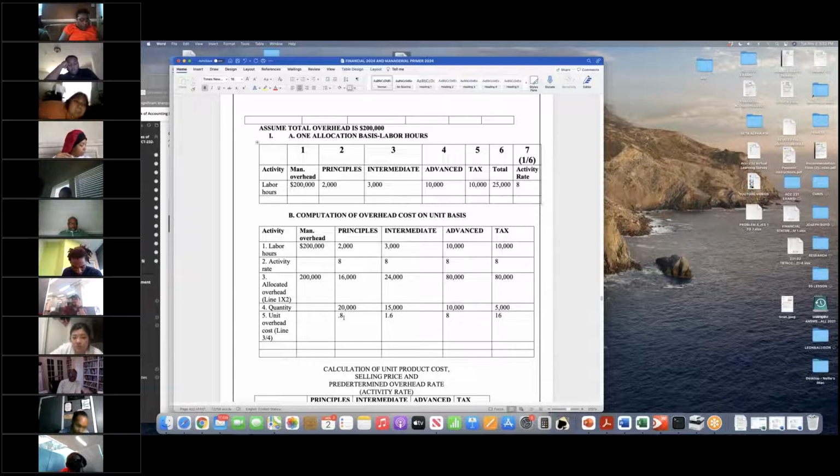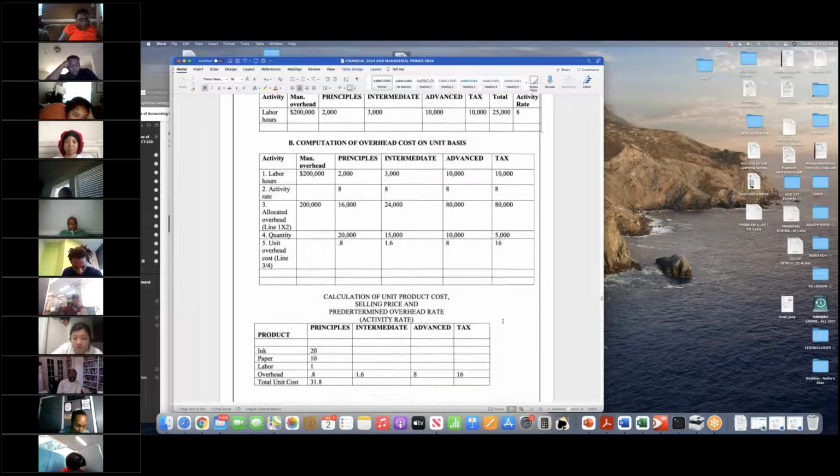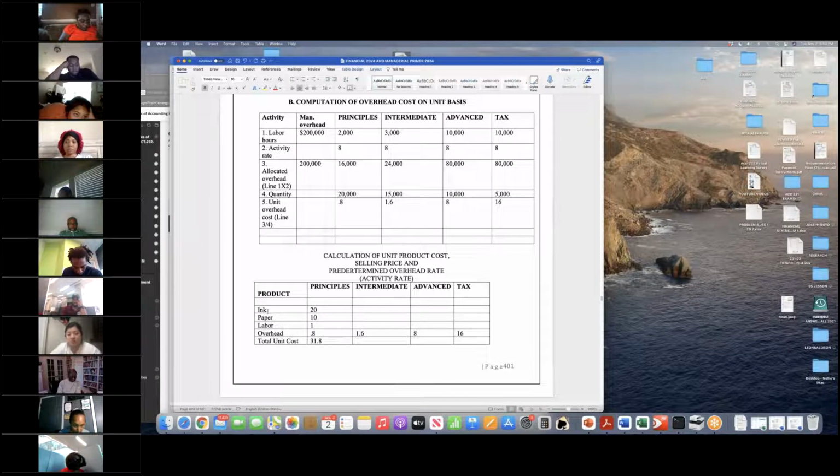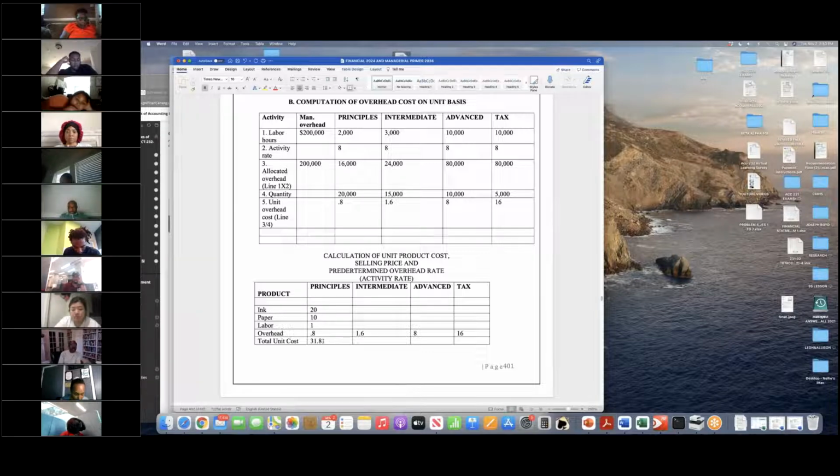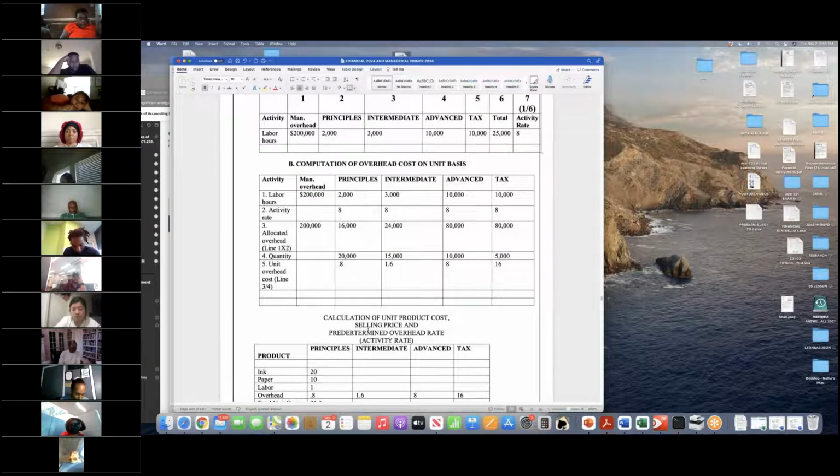So the unit overhead rate for principals is 0.8, 1.6, 8, and 16. And so now we bring it down to raw materials, labor, and overhead. The principal's book is 31.8.